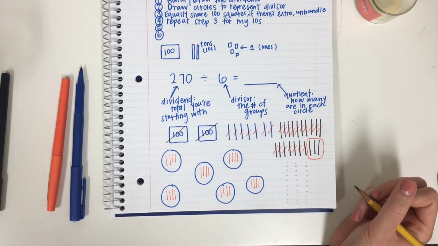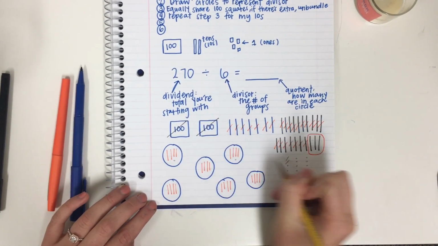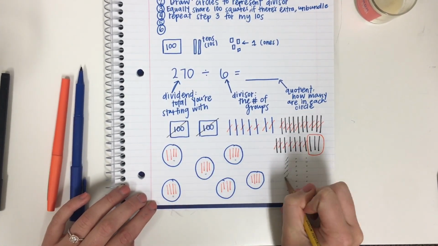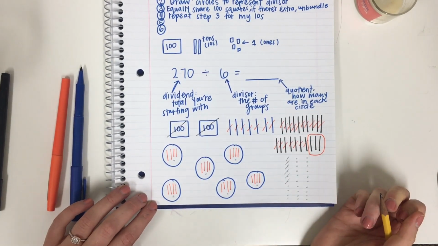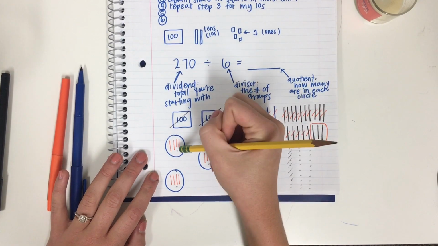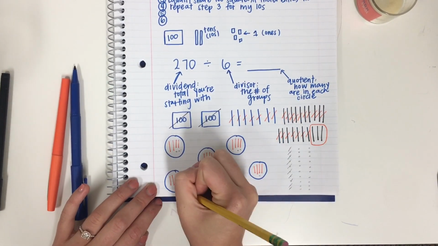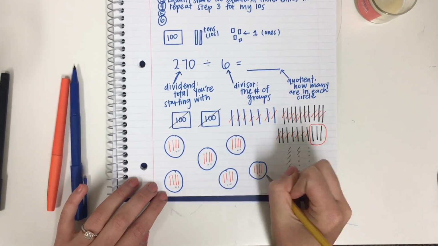Okay. Now I need to evenly distribute them into my divisor groups. Okay? So I have 1, 1, 1, 1, 2, 2, 2, 2. Can I keep going?